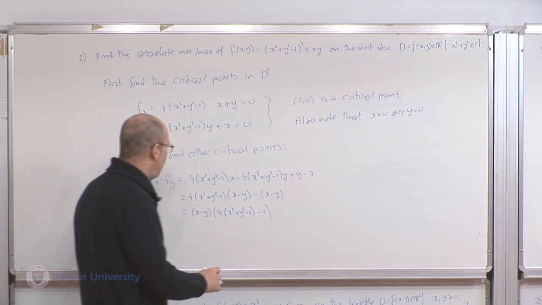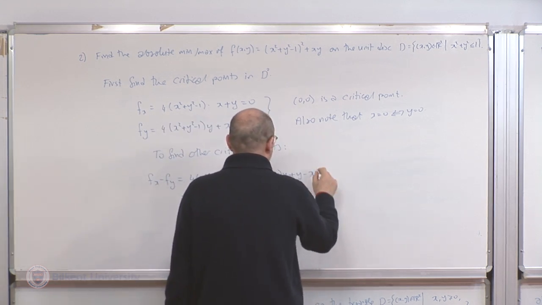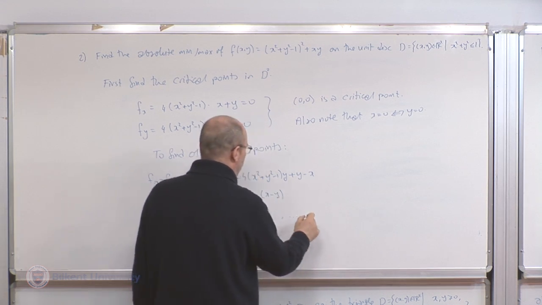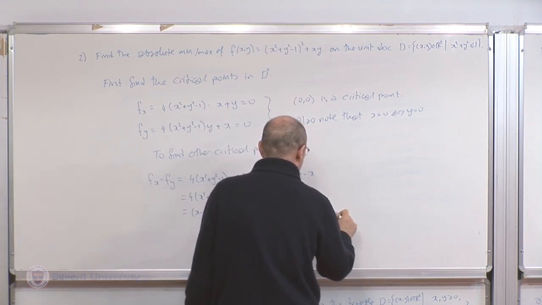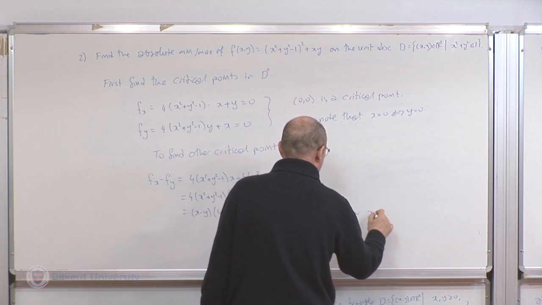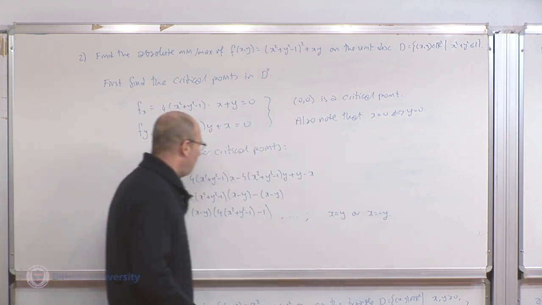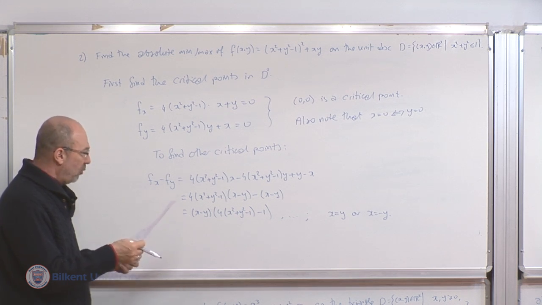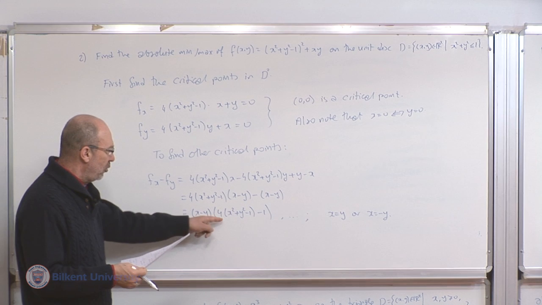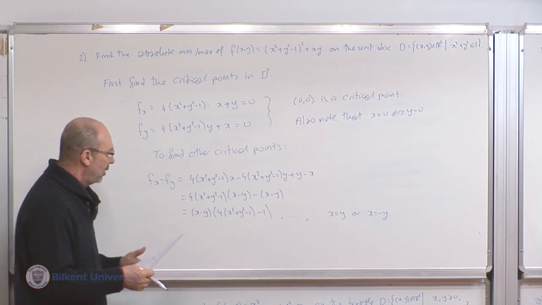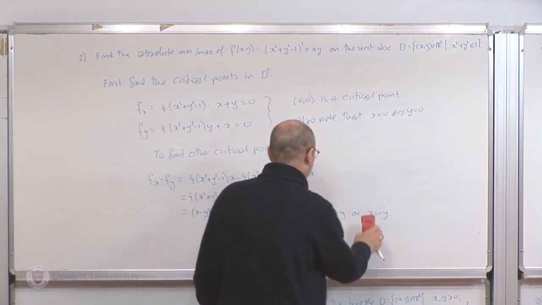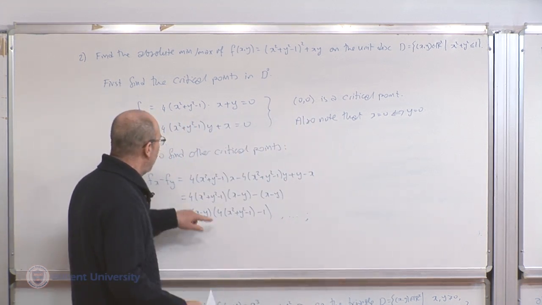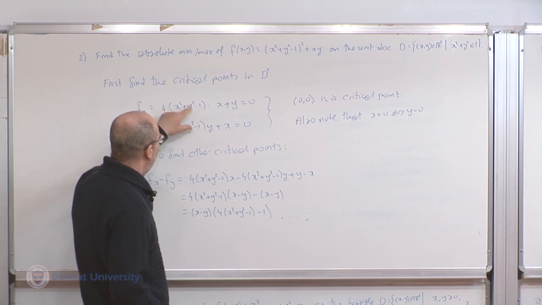So we find here that, okay, I'll put dot, dot, dot. You do the calculations, and what you find is that either x equals y or x equals minus y. The way I did it was to observe the symmetry.